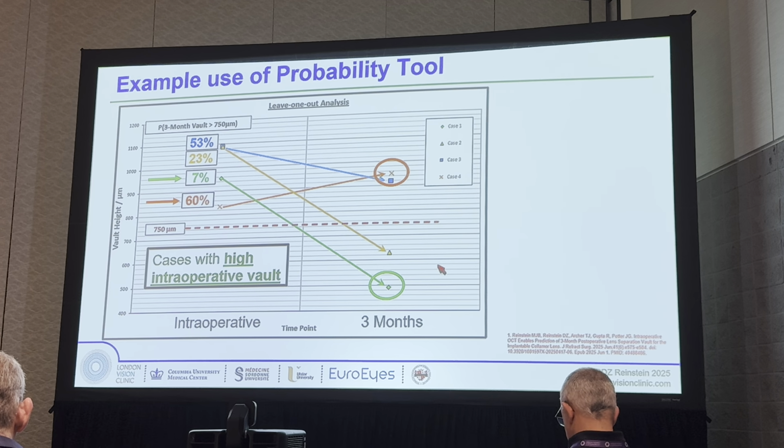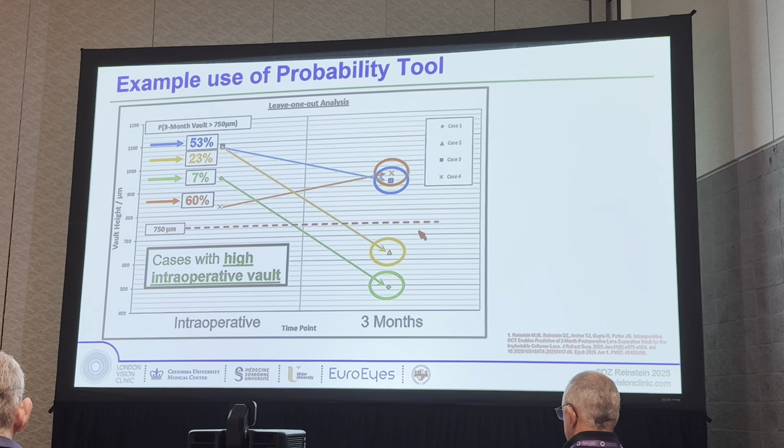Now, interestingly, these two cases here had very similar intraoperative vaults. They were both just under 1100 microns. However, the probability tool was able to accurately predict that the blue case had a higher 53% chance of stabilizing above 750 microns postoperatively, while the yellow case only had a 23% chance. And this was reflected in the outcomes, with the blue vault stabilizing above and the yellow vault stabilizing below.